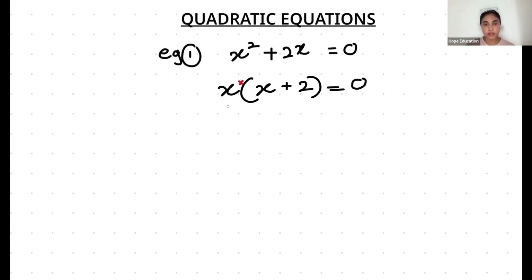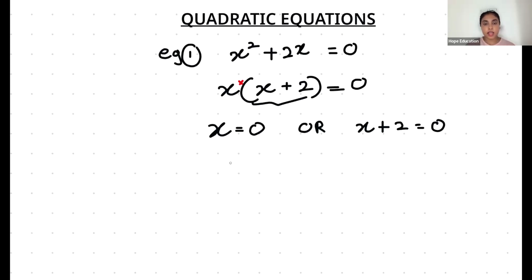So I will write x is 0 or x plus 2 equals 0.